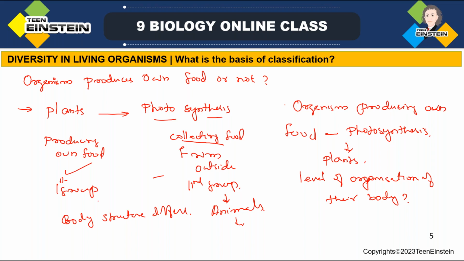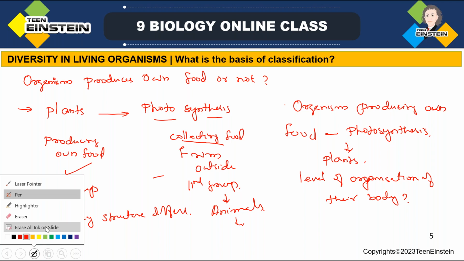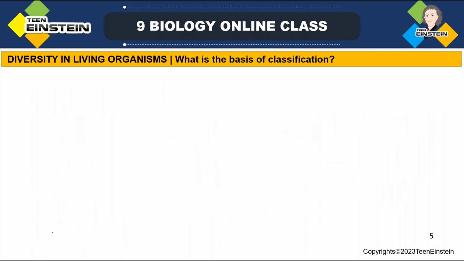Okay, so overall, what we can see is that even in these few questions the hierarchy is developing, right? Based on the body design itself you can make the classification of plants and animals.